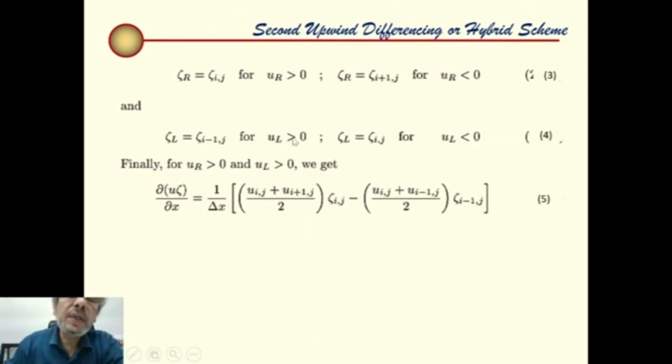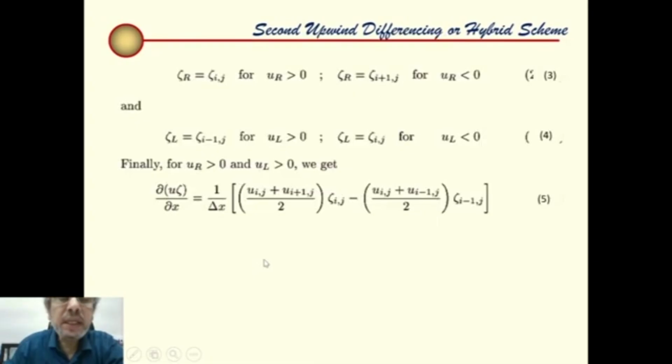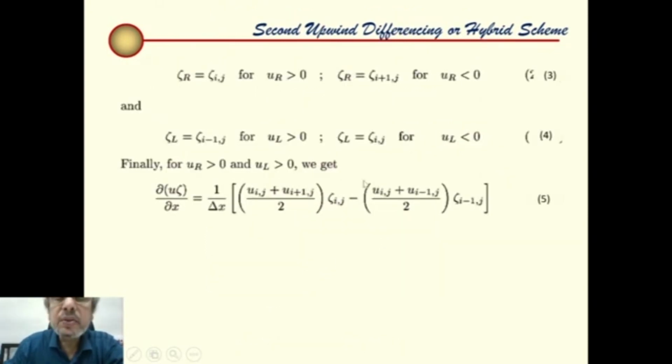And similarly, if u_l is positive, then it will involve the upstream point i minus 1,j, zeta_i minus 1,j, and if again u_l is negative, it will involve zeta_i,j, so zeta_l will be zeta_i,j.